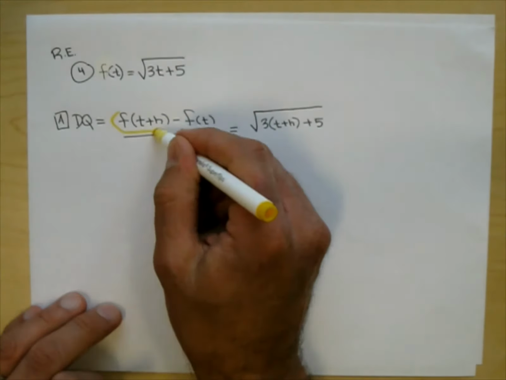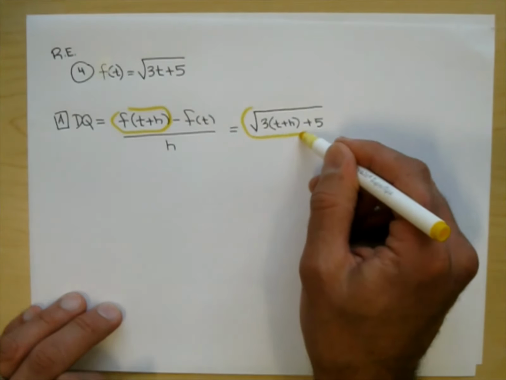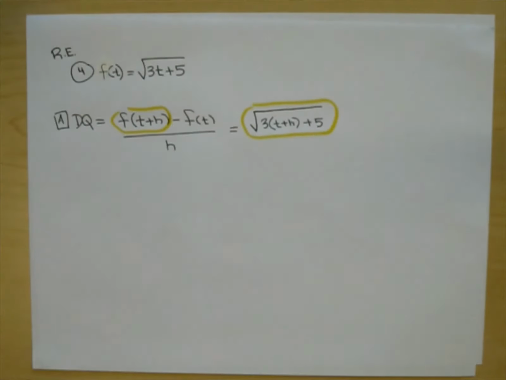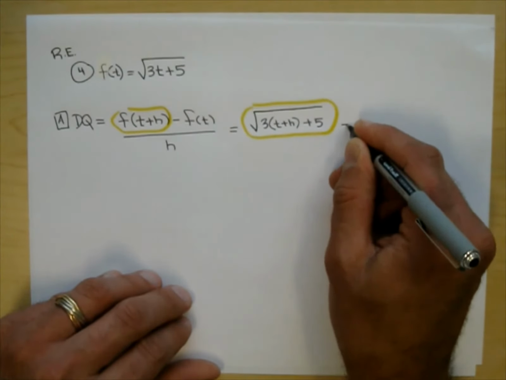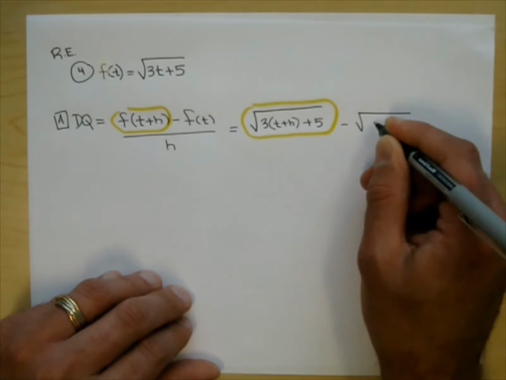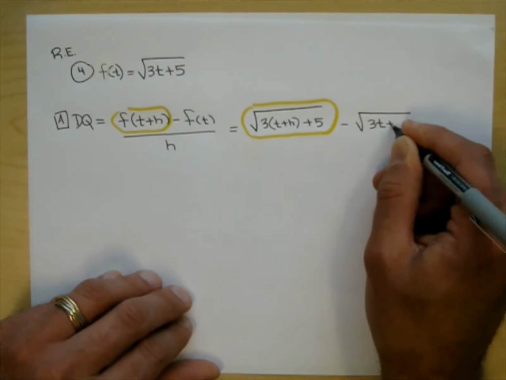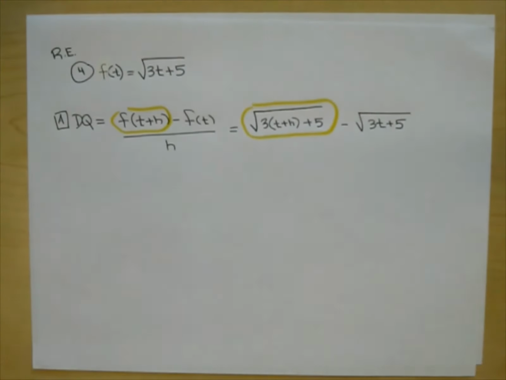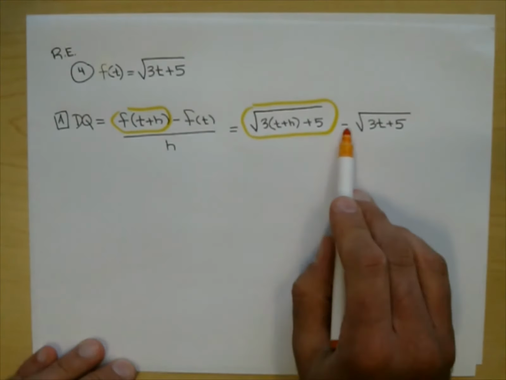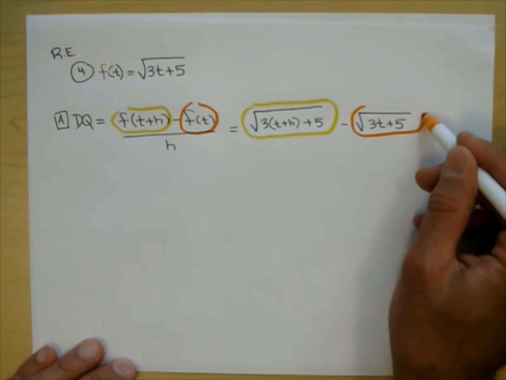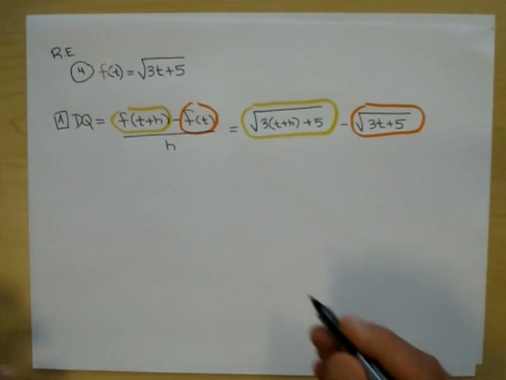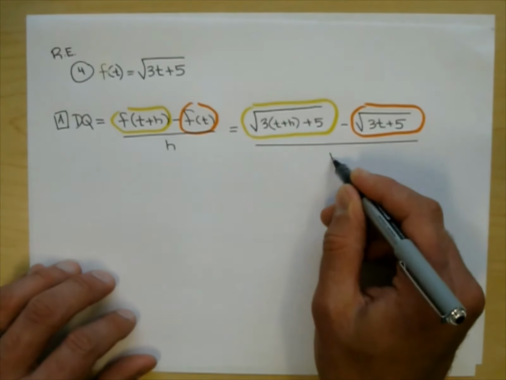So this part right here, the yellow part, is this part right here. Okay, I have minus f of t. So we have minus this guy right here. And so there's the minus sign. Here's f of t, which is that guy right there. This is all over h.